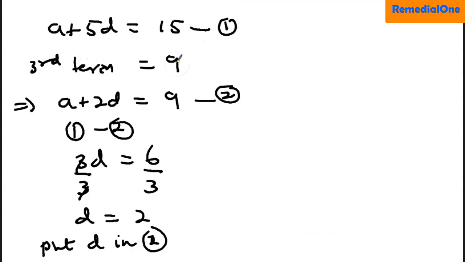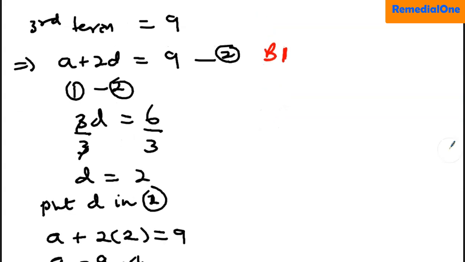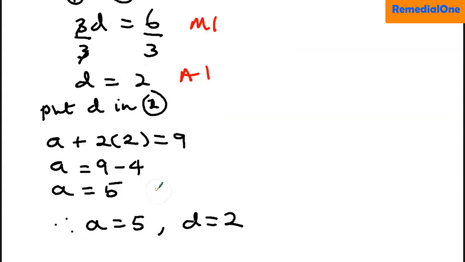And then the correct equations: the first one is A1, the second equation we are giving B1. And then for solving, M1, then the answer for the common difference is A1. So the final answer for the first term is A1. Now the total score is 13 marks.